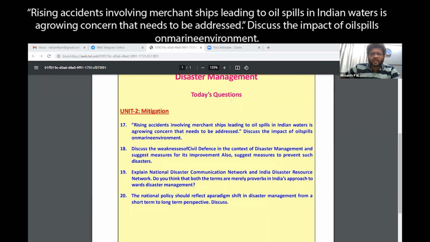Then what are the solutions? Solutions for countering oil spills. We all know there is a method of using a bacteria called oil zapper. So this technique of using bacteria to reduce oil spill, yes, you can also write that oil spill impacts coral reefs.